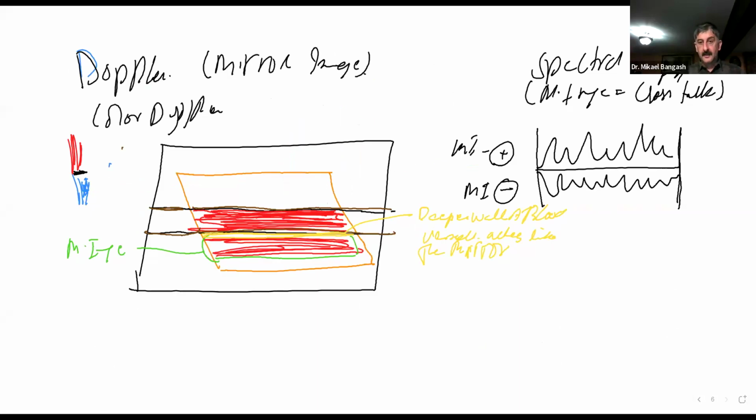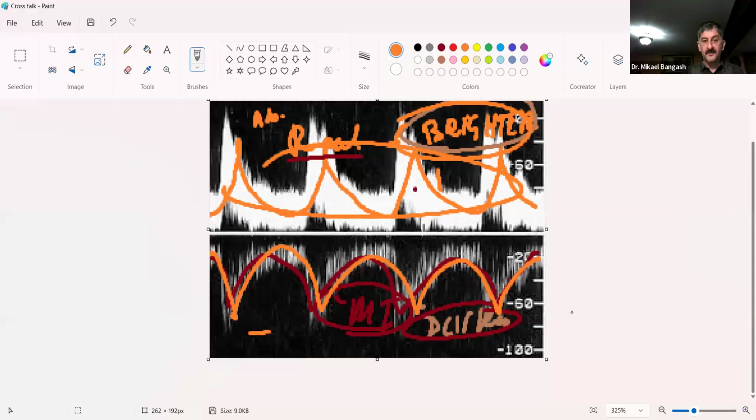In this case, as a spectral Doppler, it is whichever of the two reflections or graphs is brighter that is real, and whichever one is darker is fake. Did you guys get that? Okay.